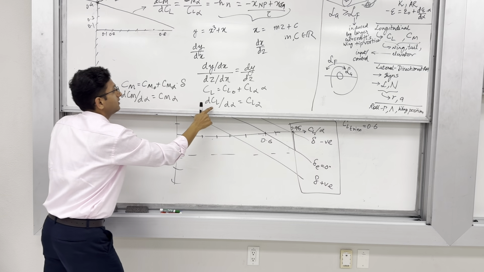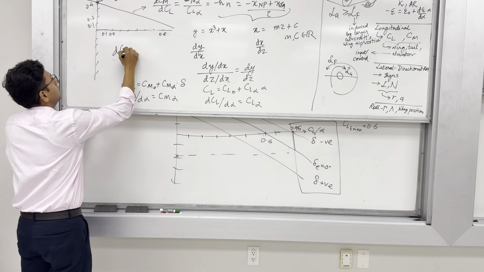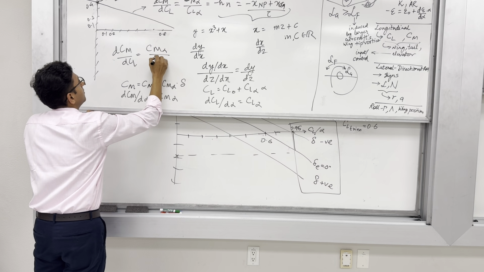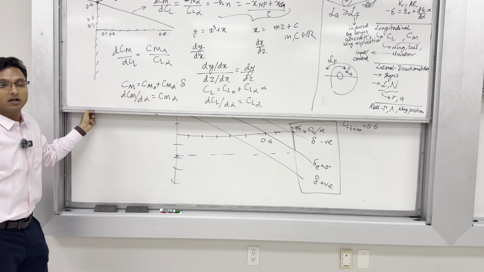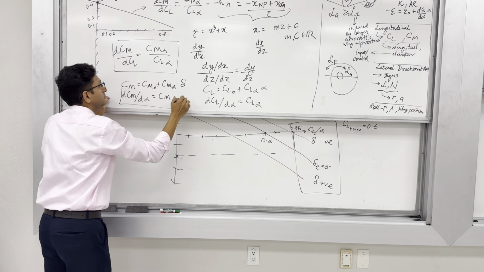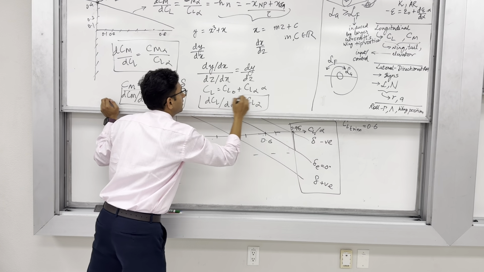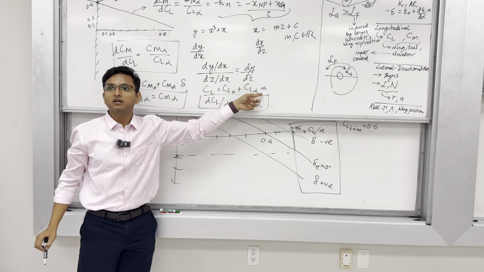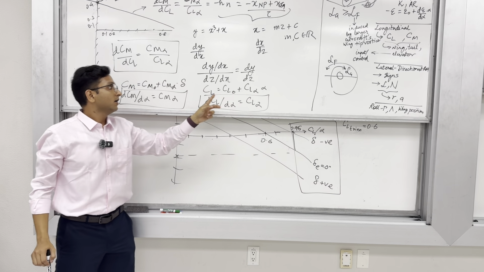Now, if you divide these two, you get dCm/dCl is Cm alpha by Cl alpha, right? But remember that this relation is coming from these two relations, because alpha is actually just linear in terms of Cl, right?